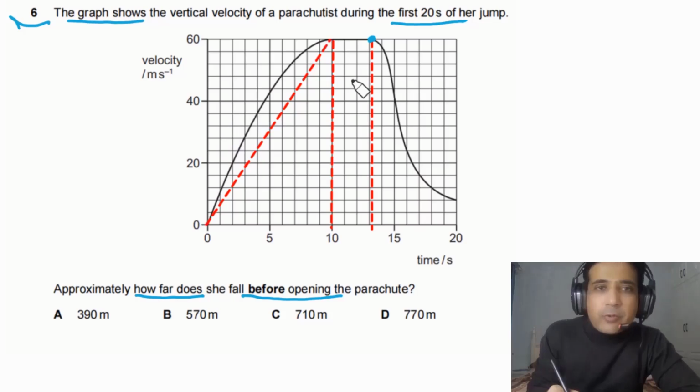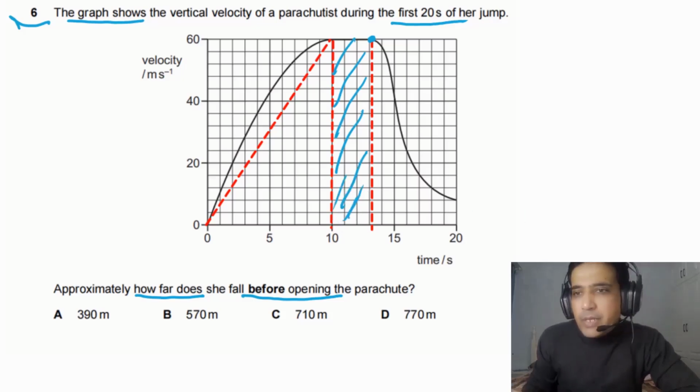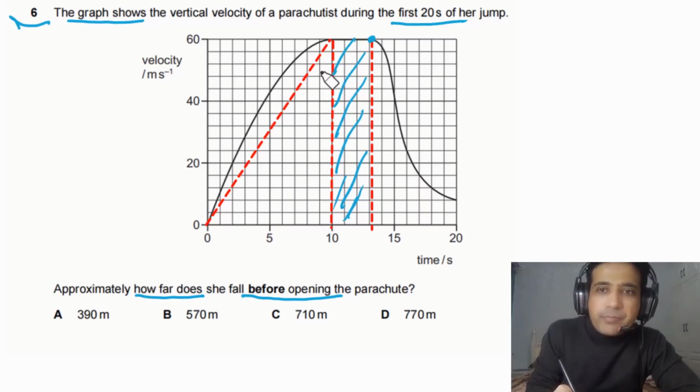First of all, we will try to figure out this area, and then we will calculate this area. Let me use this color so you can see which area we are calculating. So this area of the triangle we need to calculate, and the area of the rectangle.